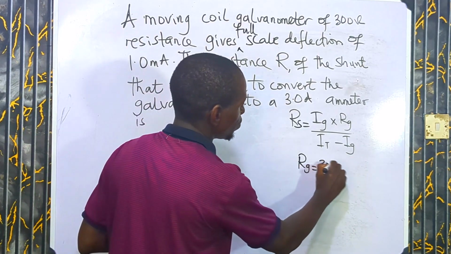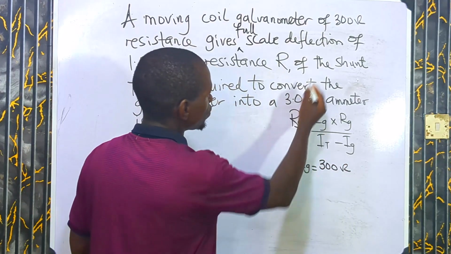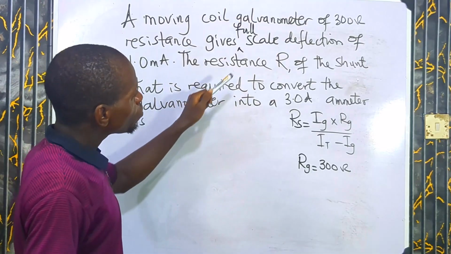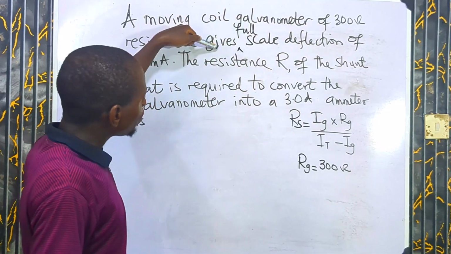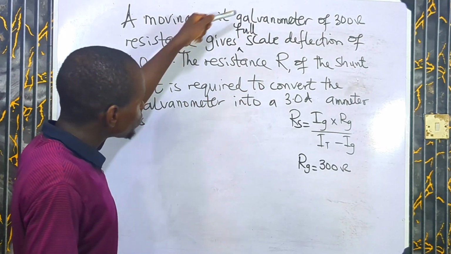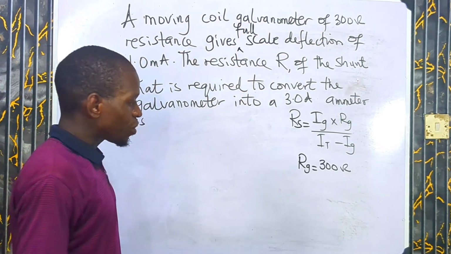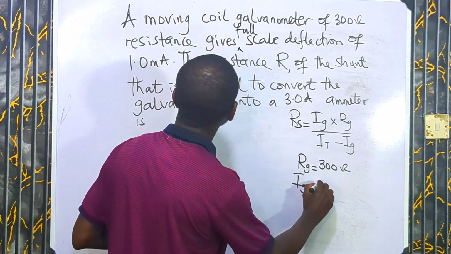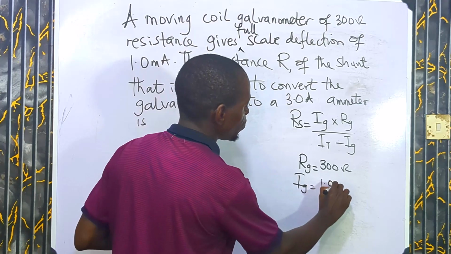The same galvanometer gives a full scale deflection of 1 milliamp. So because of that, the current of the galvanometer is equal to 1.0 milliamp.